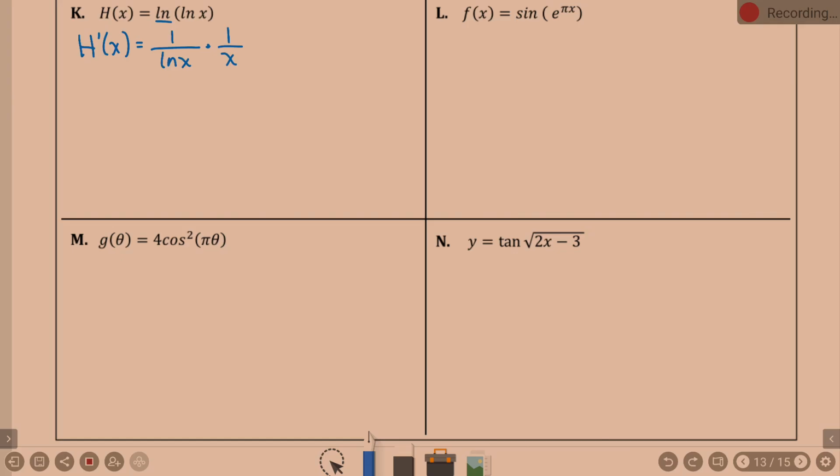Fair to say that this is getting paradoxical. If I put this together, I would write it as 1 over x ln x.